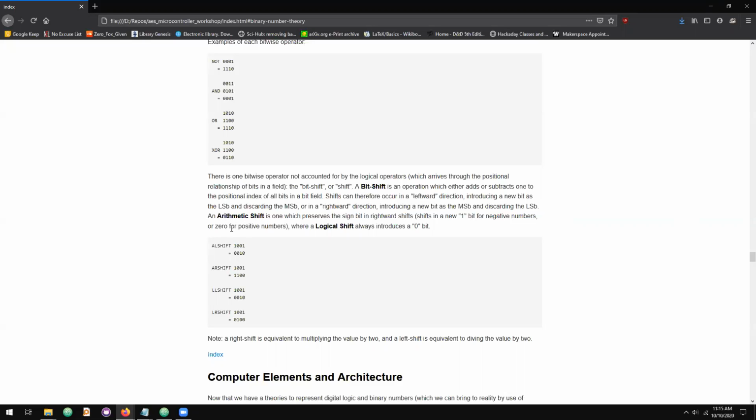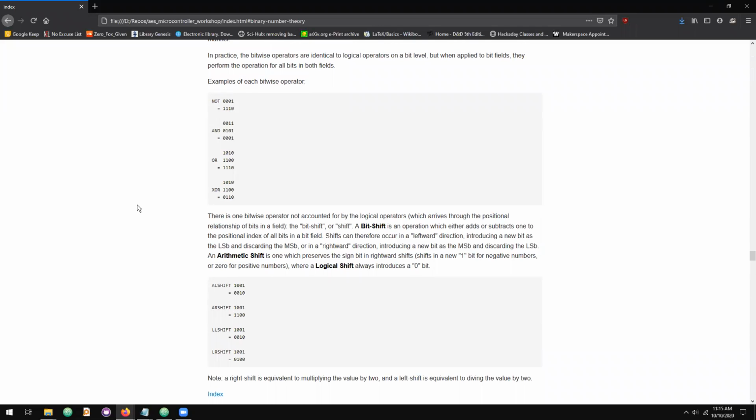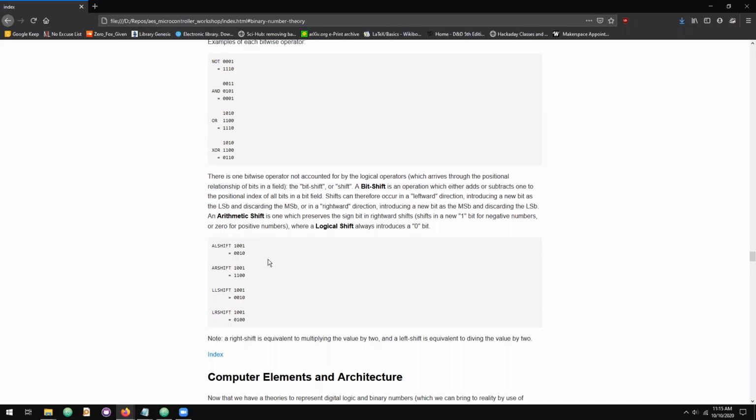But there are conditions where a 1 will appear there, and that's if you're sign extending. So that's if you're doing an arithmetic shift and you already have a 1 in the topmost place, or the most significant bit. So it's not always a 1. An arithmetic shift just preserves the state of the most significant bit.